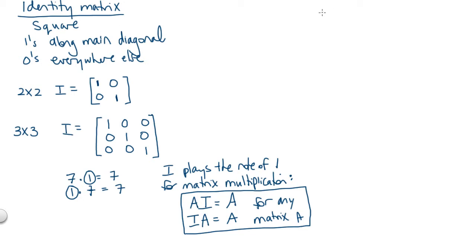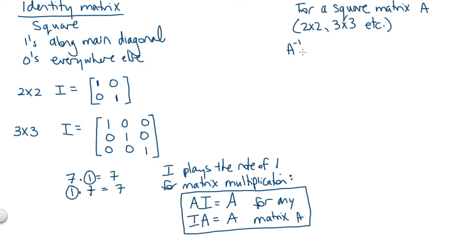And now we need to talk about the idea of inverses of matrices. So let's take a square matrix A. Square meaning same number of rows as columns, so it could be 2 by 2 or 3 by 3, etc. We're going to look at the matrix A to the negative 1.